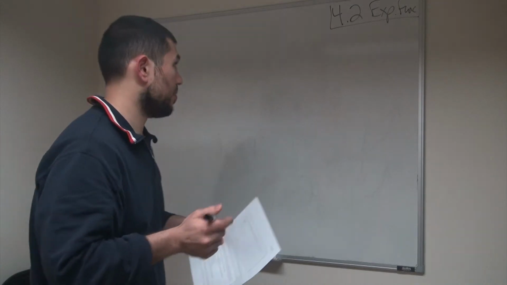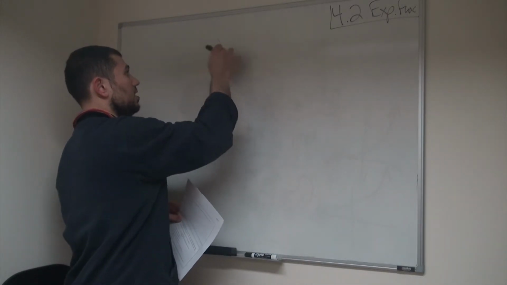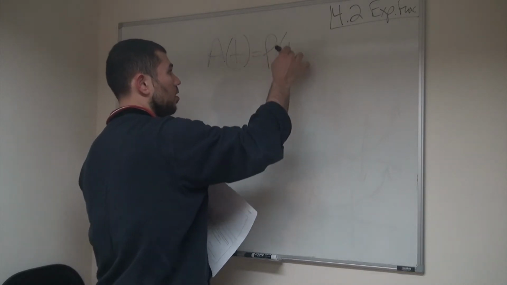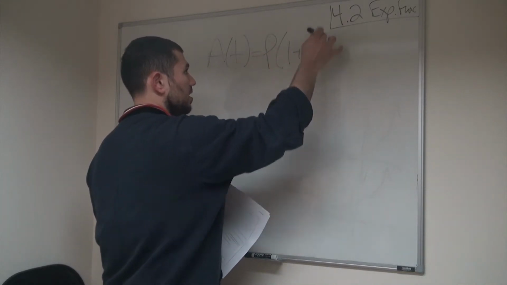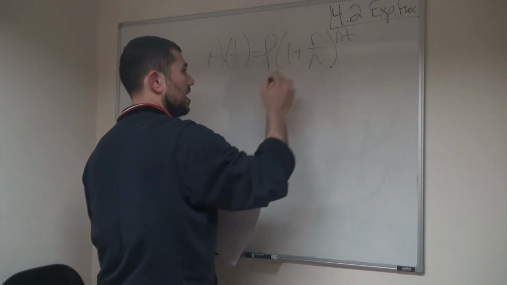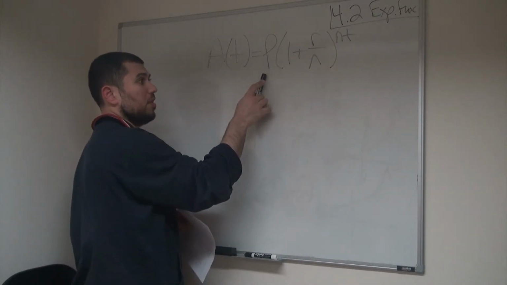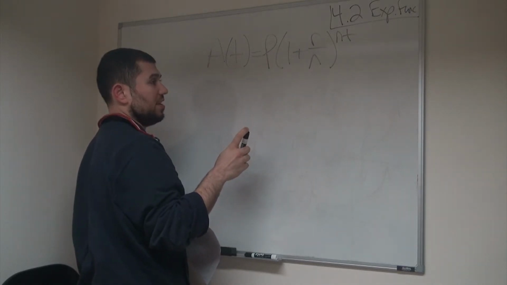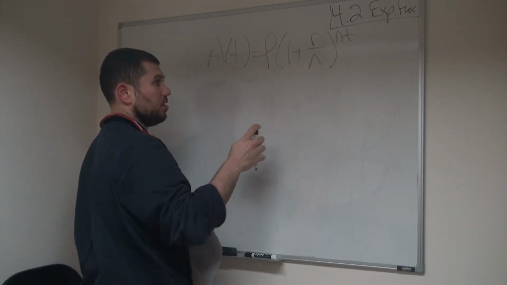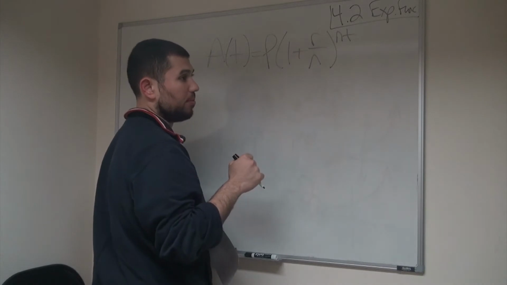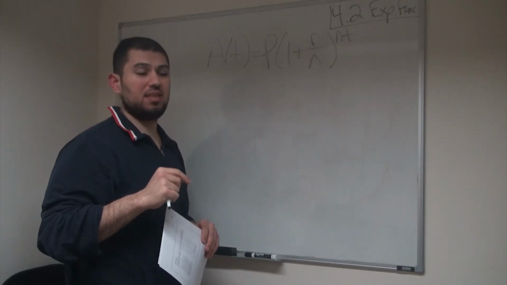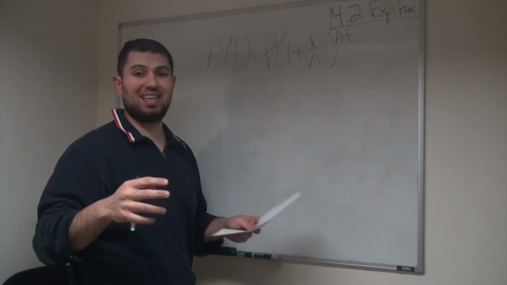We had a special formula. A of t is p times (1 plus r over n) to the power of n times t, where p represents principal, r represents the annual rate as a decimal, n represents the number of compounding cycles, and t the time in years or months or whatever the cycle is.